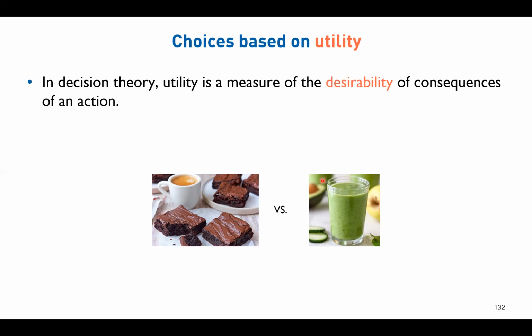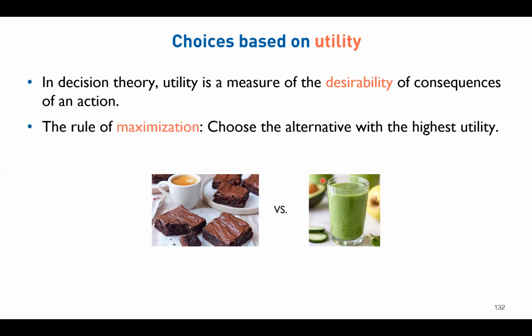So in decision science or decision theories, utility is a measure of the desirability of consequences of action. You can map what I've said in this sentence to the framework we have described already. That means basically valuation, right? There's also a rule of maximization: you choose the alternative with the highest utility.